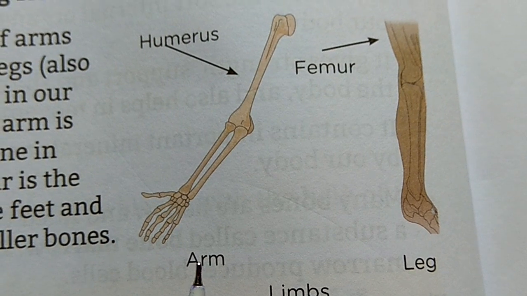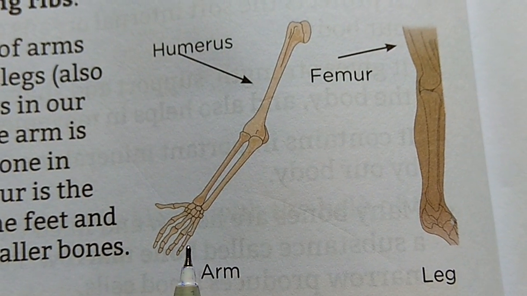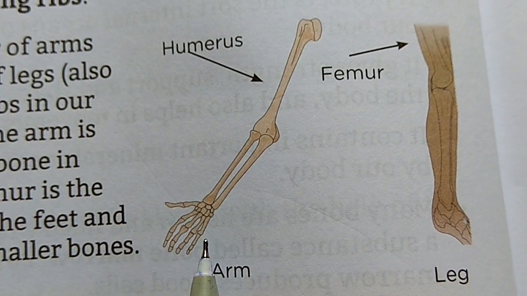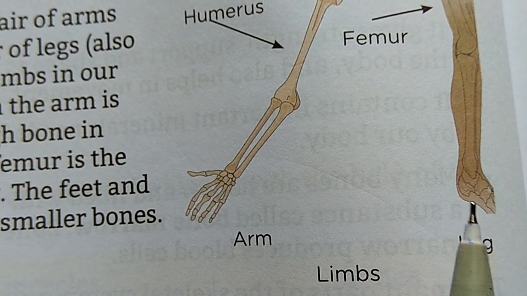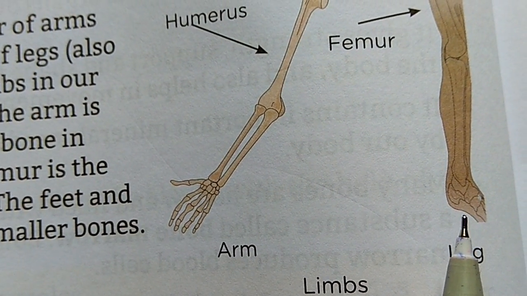Next topic is the limbs. We have 2 pairs of limbs, the forelimbs or the upper limbs and the hind limbs or the lower limbs. That means our arms and legs. Forelimbs are a pair of arms, and hind limbs are a pair of legs.